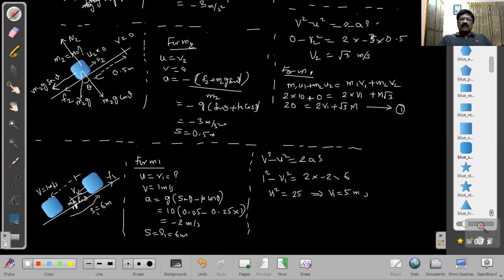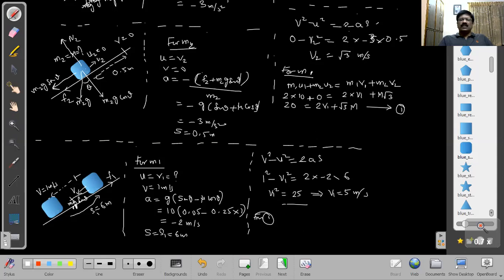So after collision, the first block rebounds with this velocity. Of course, while it is moving in the upward direction before collision, after collision its velocity is in the downward direction. While substituting this value in the law of conservation of linear momentum, we had to substitute minus. In the formula we had taken v1 in this direction only, but after collision it rebounds back and travels in the downward direction.